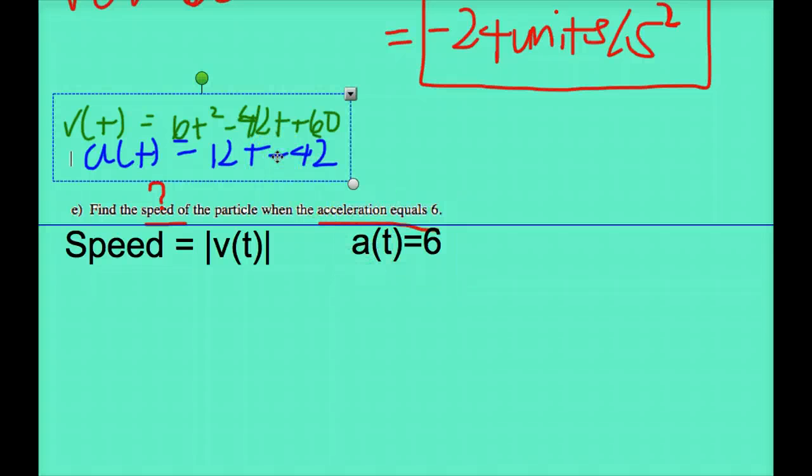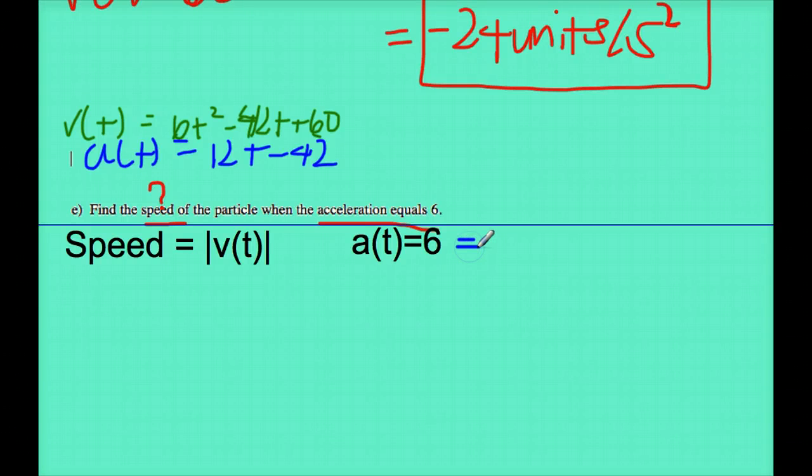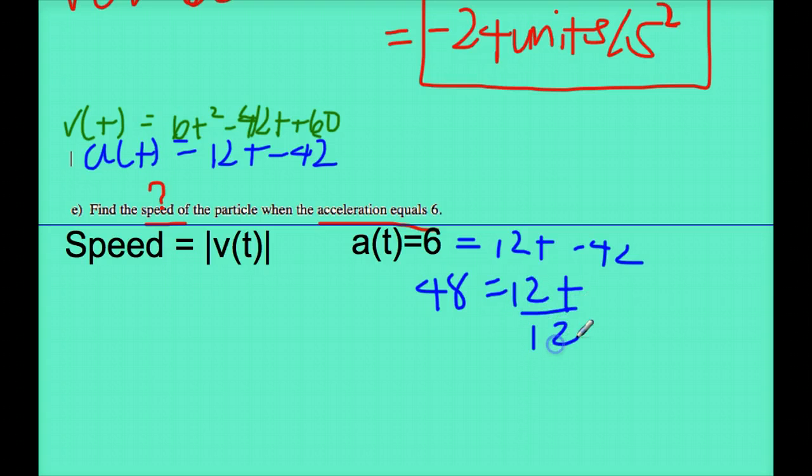Well, don't I have it in this blue equation? So we're going to solve this algebraically. What I get is 6 is equal to 12t minus 42. If I add 42, I get 48 equals 12t. If I divide by 12, t is equal to 4 seconds.